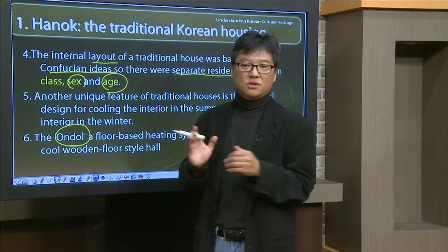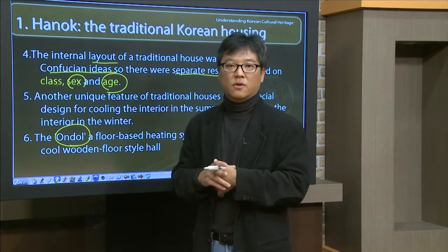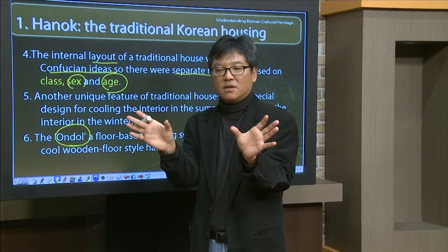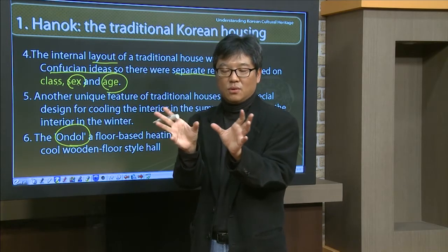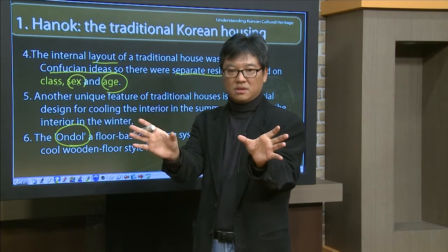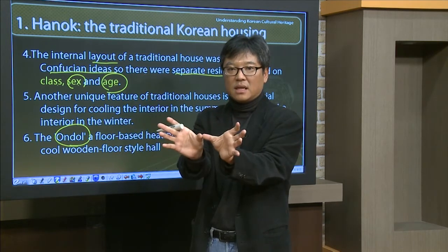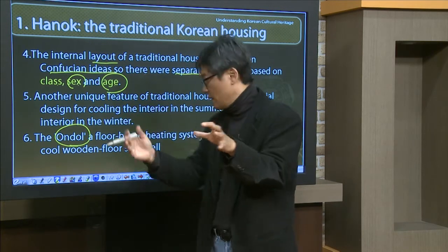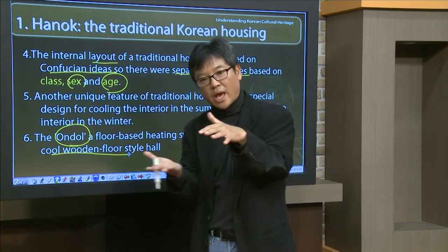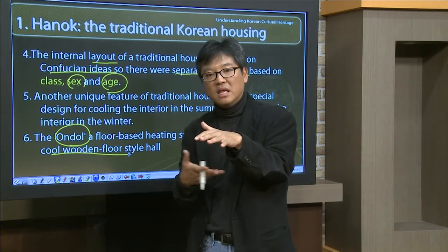It's so familiar for Koreans, but if you're an outsider, it is a very interesting kind of connection or coexistence. The winter residence and summer residence are connected together. If you take this so-called cool wooden floor, there's cool air circulating underneath.